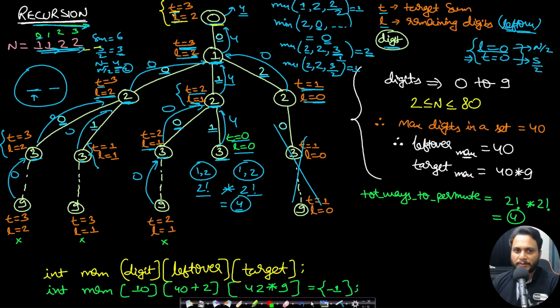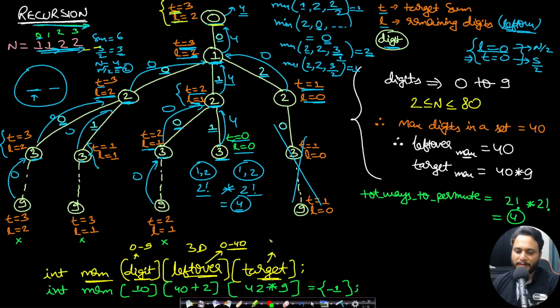So these are the 3 variables on which your result actually depends, and therefore we can store the answers for all these subproblems. I will create a memoization table, a 3-dimensional table, with the first dimension being the digits, ranging from 0 to 9, the second dimension being leftover, ranging from 0 to 40, and the third dimension being the target.